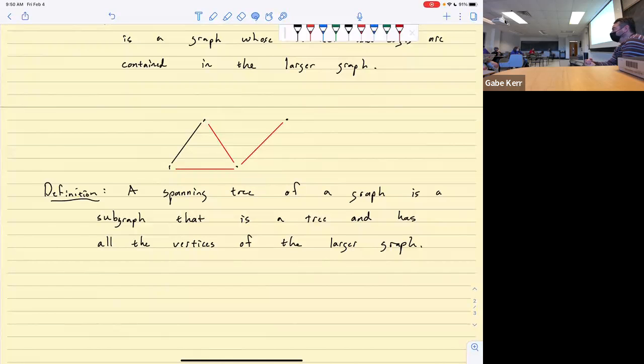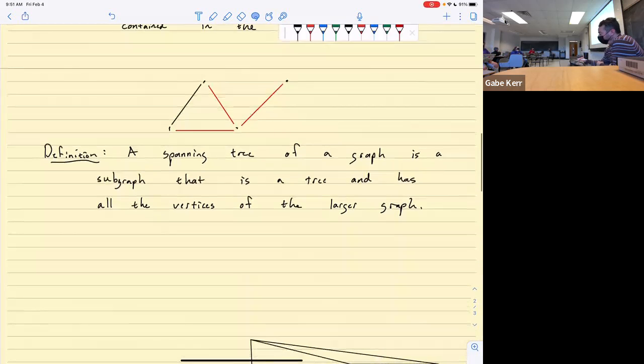You need to connect all the cities, but you don't want to overconnect them because that cable costs money. You just want to make sure there's a path from one city to the other. So finding a spanning tree along your roads is a way that you can do that. This is a very practical application, and it's actually one that people look into.